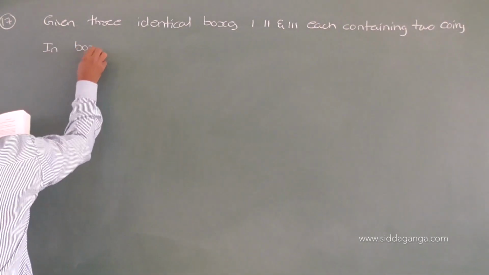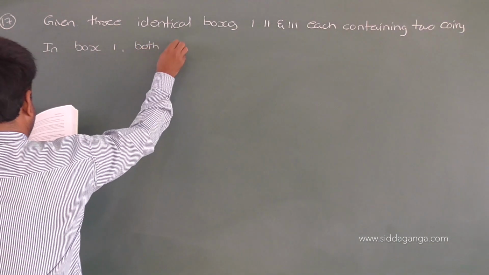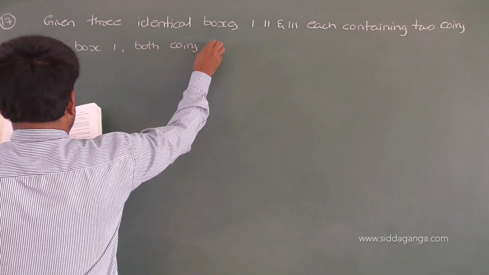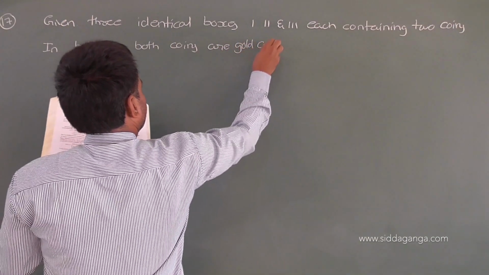In box 1, both the coins are gold coins.